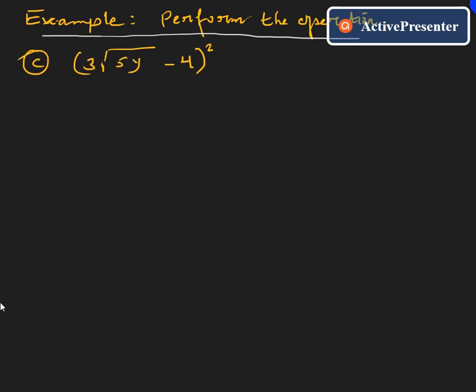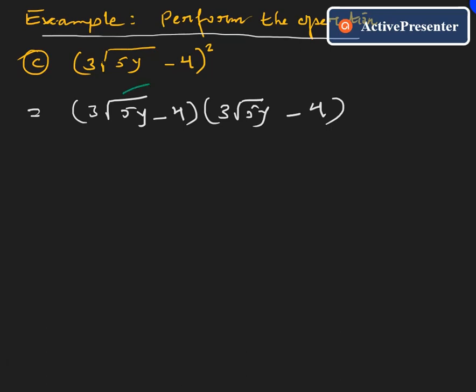Another question. Now we have 3 multiplying square root of 5y minus 4 all to the power square. How to perform this operation? We will write it as, of course, 3 square root of 5y minus 4 multiplied in itself. Using the distributive property, this is first multiplied into here and into here.